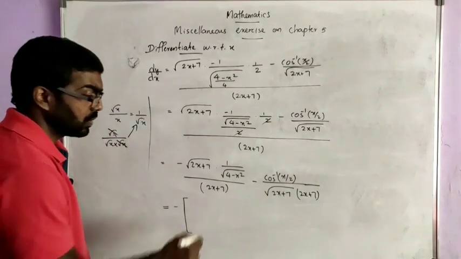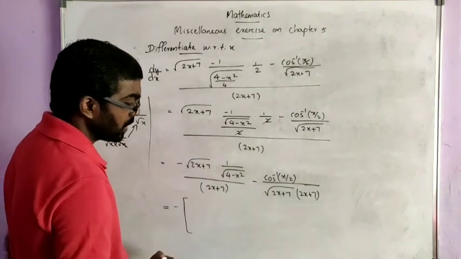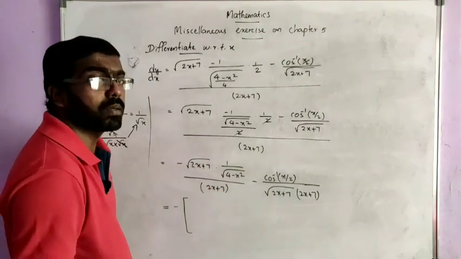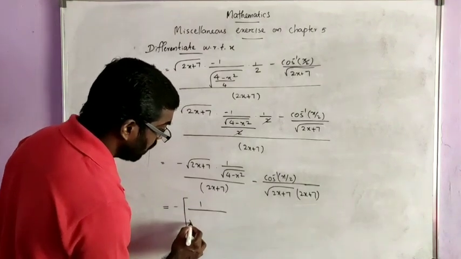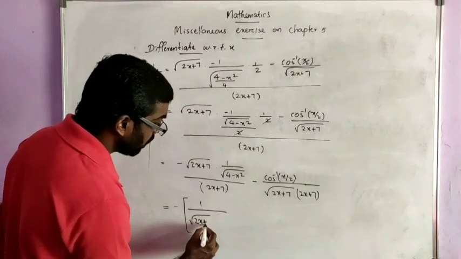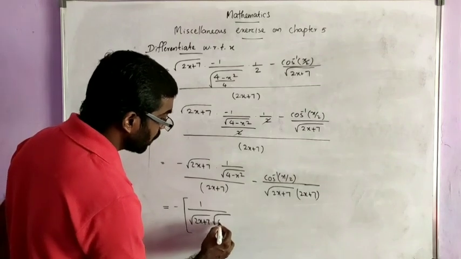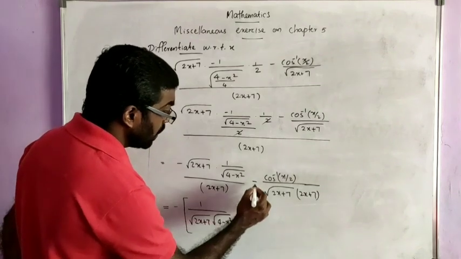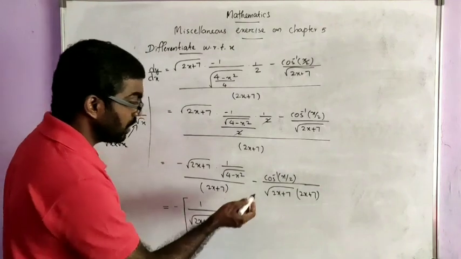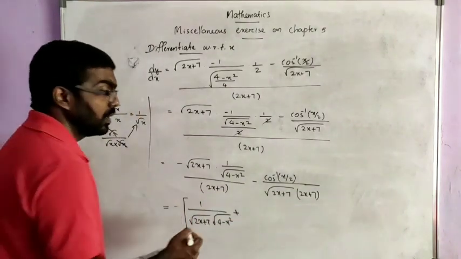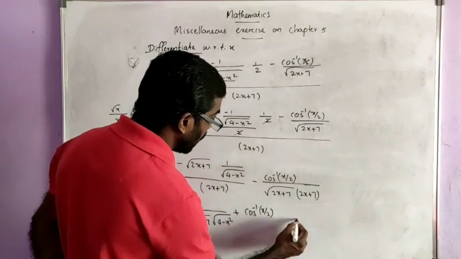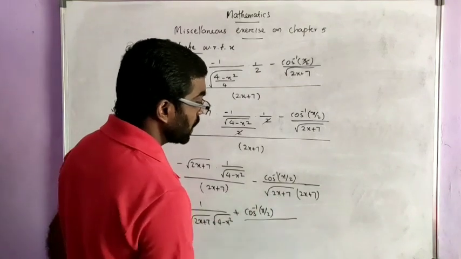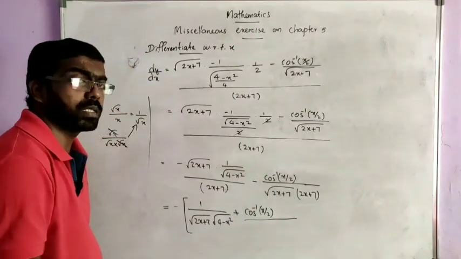1 by root x. So here these two terms we can cancel and write root 2x plus 7 on the denominator. So this will be equal to 1 by root of 2x plus 7 into root of 4 minus x square. Then this minus becomes plus because we take minus common. Okay, and cos inverse x by 2 divided by root of 2x plus 7 into 2x plus 7.